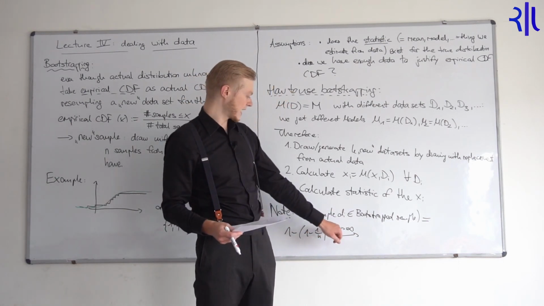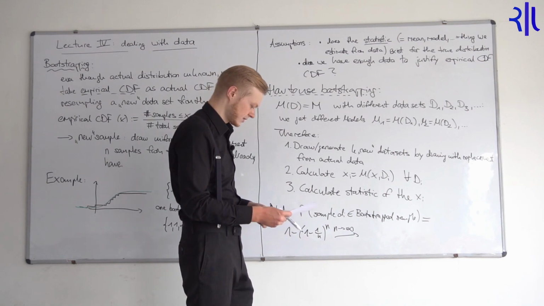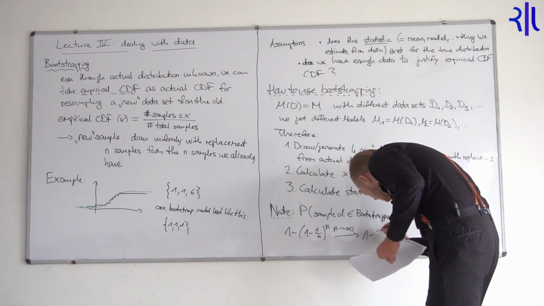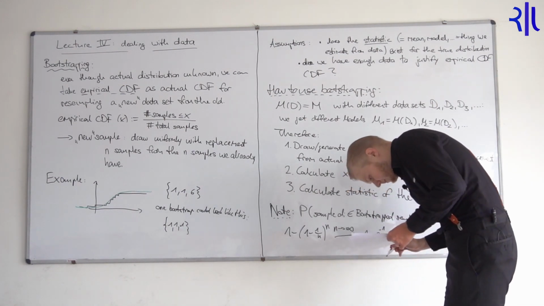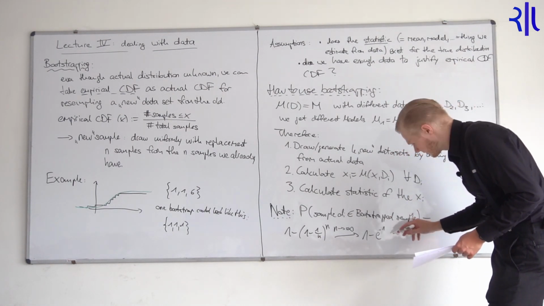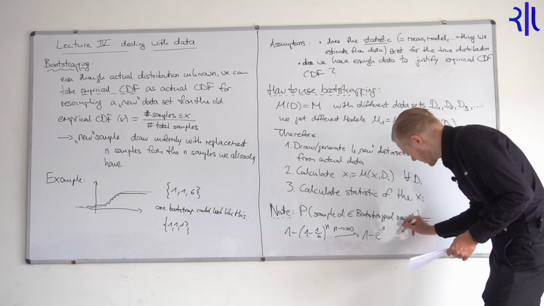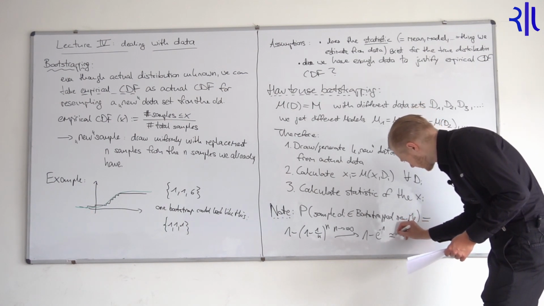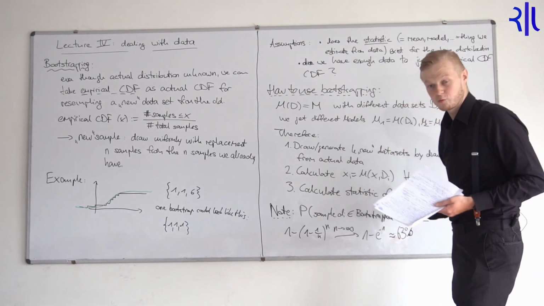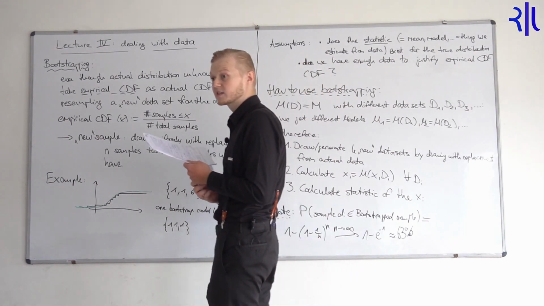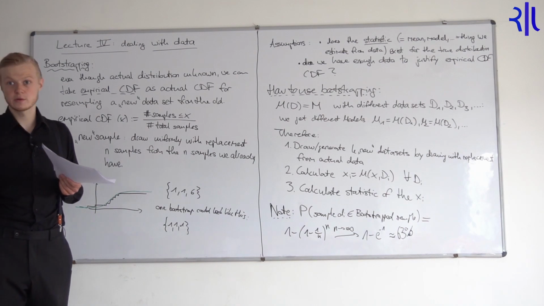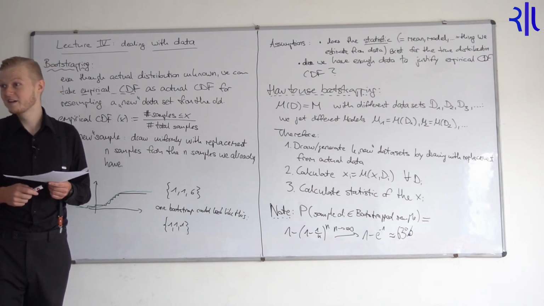When you let n go to infinity, some of you might see that this approaches 1 minus e to the power of minus 1, so 1 minus 1 over e, which is approximately 63%. That means that when you have many, many samples and you bootstrap, one bootstrap sample will have only about 63% of your actual data in it.